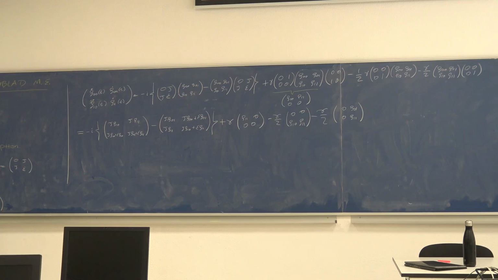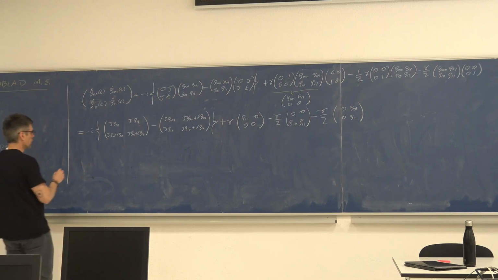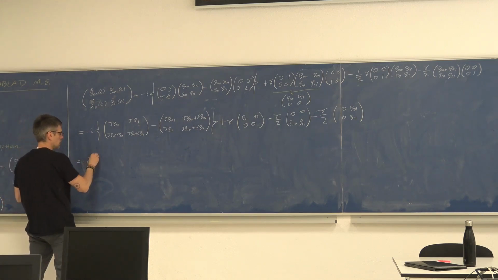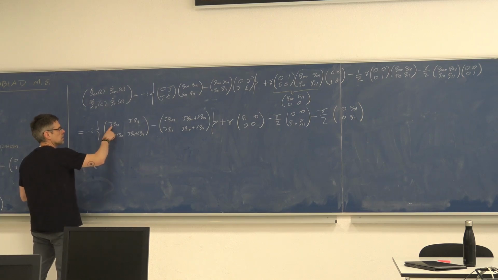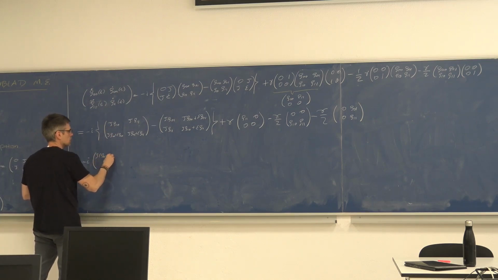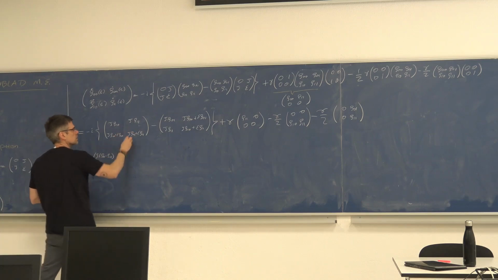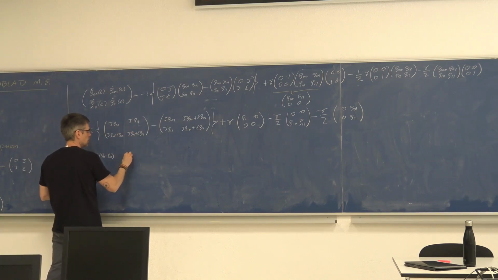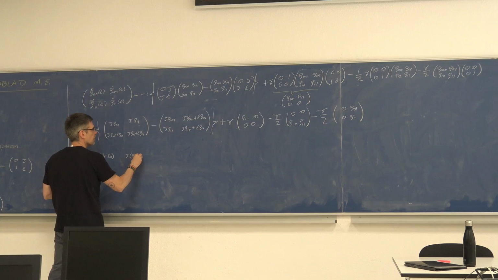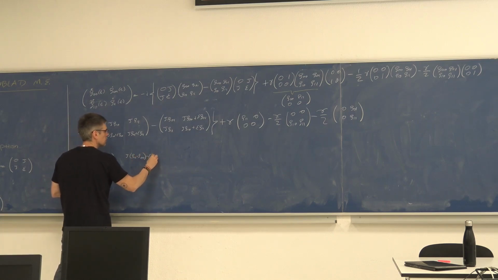So let's sum. The coherent part will be inside this: J rho 0 1 minus rho 1 0. This will be J rho 1 1 minus rho 0 0 minus epsilon rho 0 1.